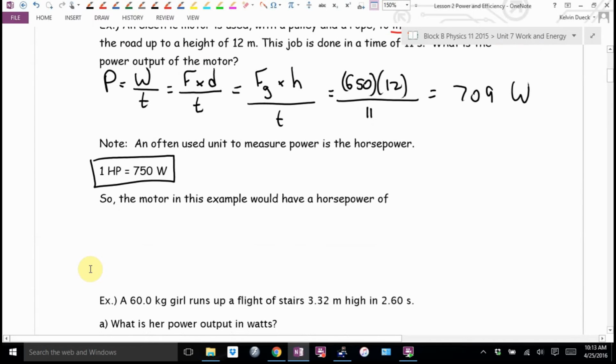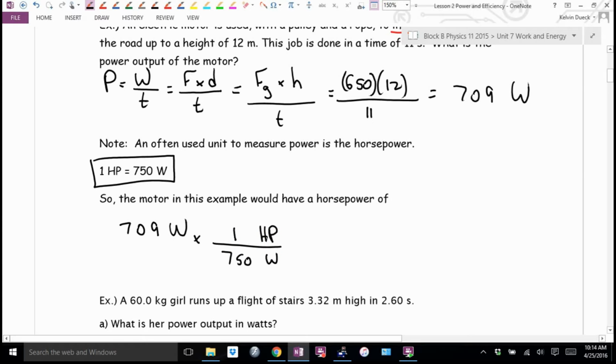So the motor in this example would have a horsepower of, well, 709 watts times, let's do a unit conversion practice. I want watts to cancel, so where do I want it in the second fraction? 750 watts is the same as 1 horsepower.